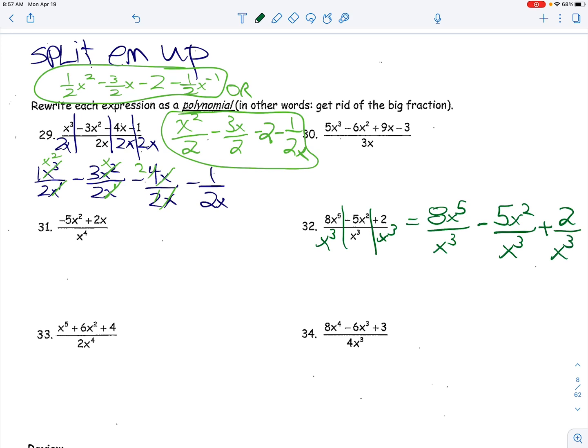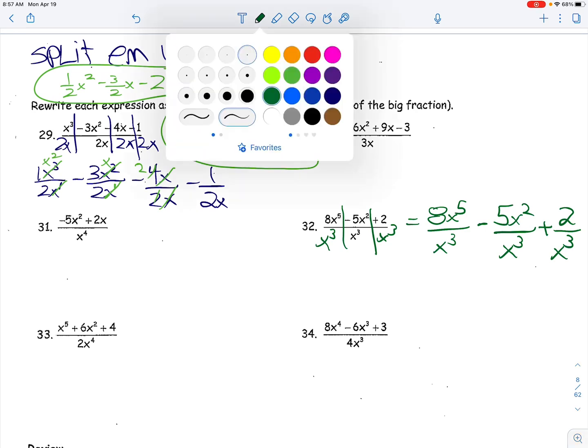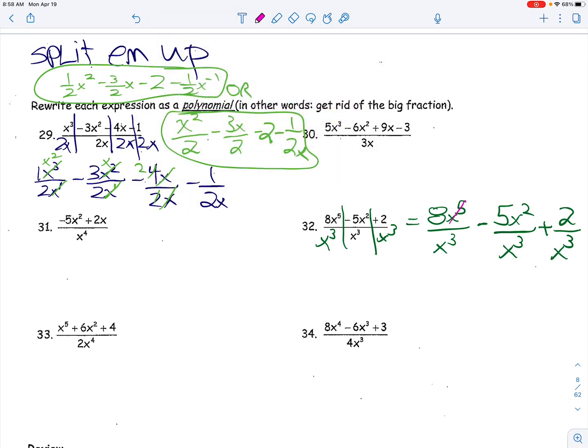All right, so what can we do here? 8x to the 5th over x cubed. We can do x5 over x3. x5 over x3 will leave you with 2 x's in the numerator. Then you have an x2 over an x3. Now be careful here. x2 over x3 leaves you with 1x in the denominator.